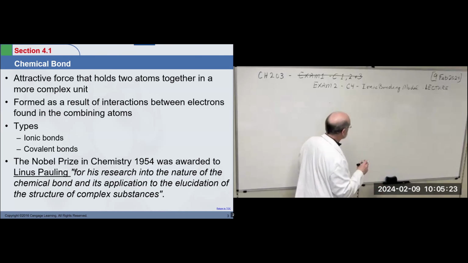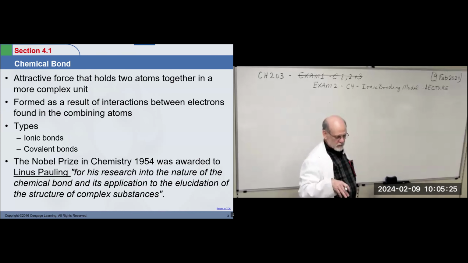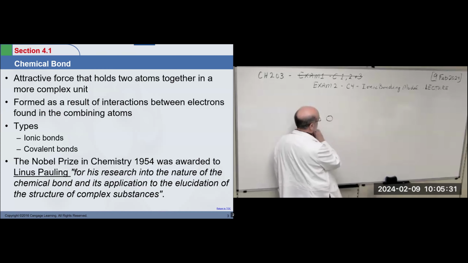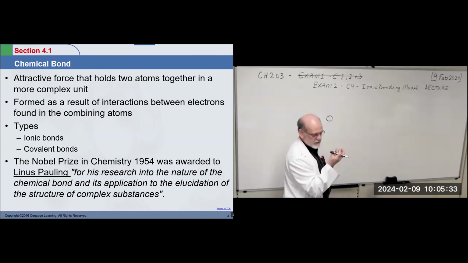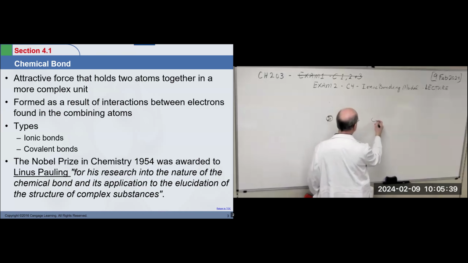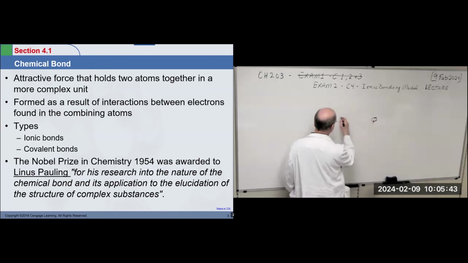And when you consider where that bond originates, think about an atom, right? Rutherford's model. It's got a very dense nucleus with protons and usually neutrons. And you got another one over here. It doesn't have to be the same one for our illustrations.